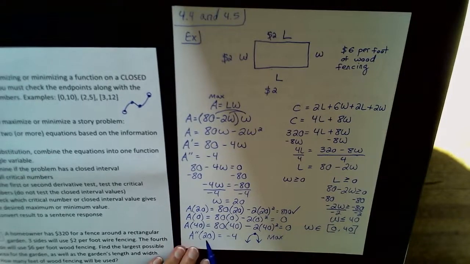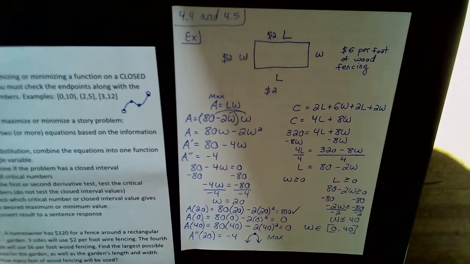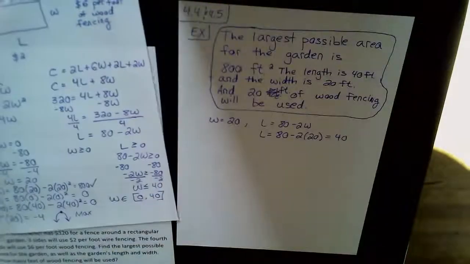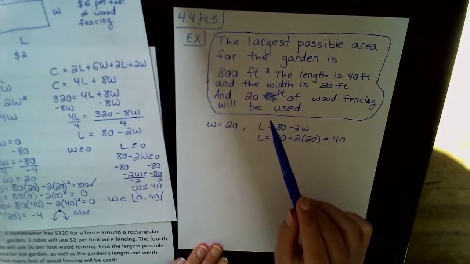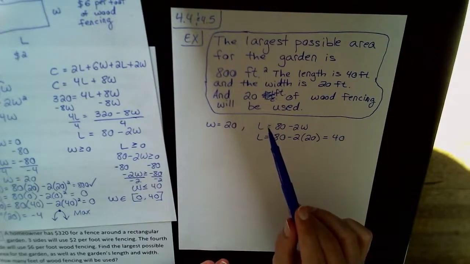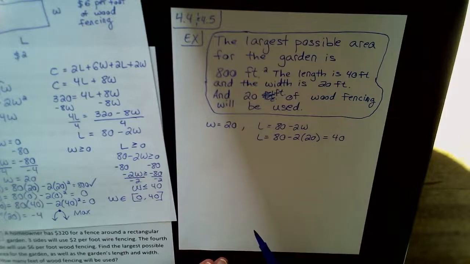And you will also prove that the critical number is a maximum or minimum as you were looking for. Once you do that, you combine it all into a sentence answer that answers the original problem.